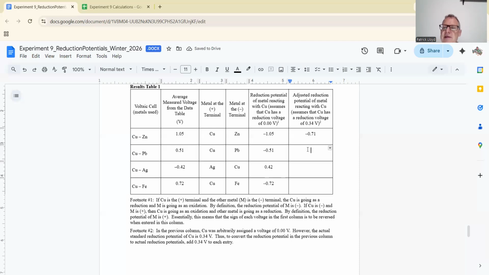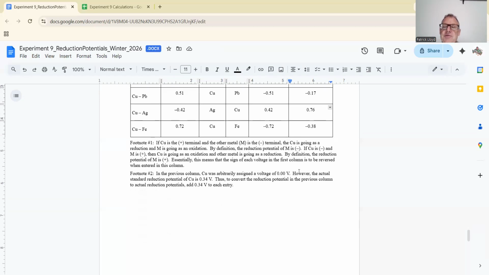Same thing, add 0.34 and you get negative 0.17. This is 0.42 plus 0.34. That one is 0.76. And then negative 0.72 plus 0.34, negative 0.38. Okay, so there are our values right there.